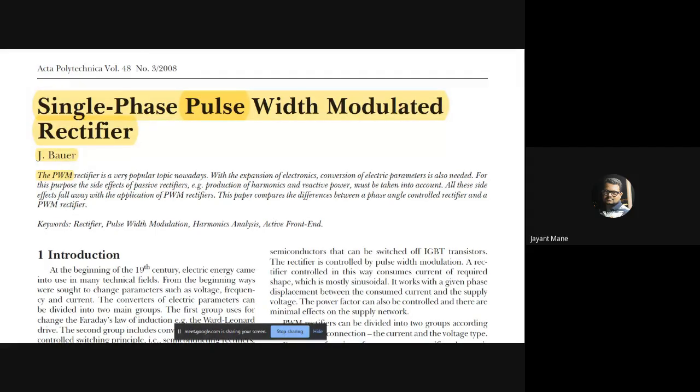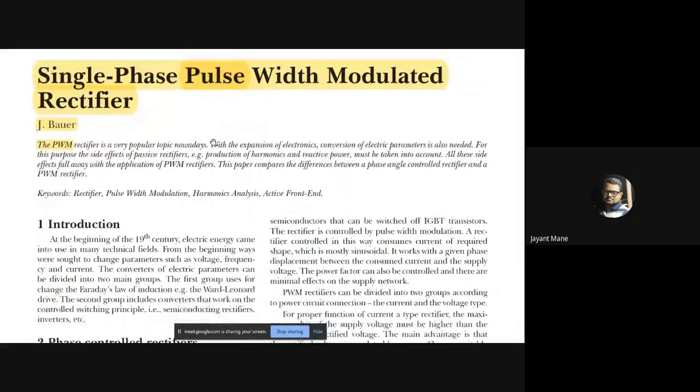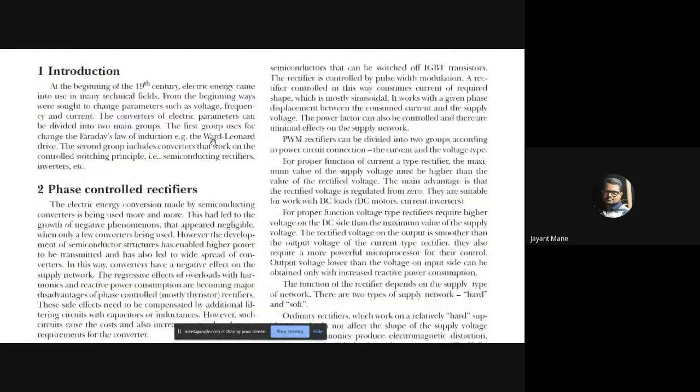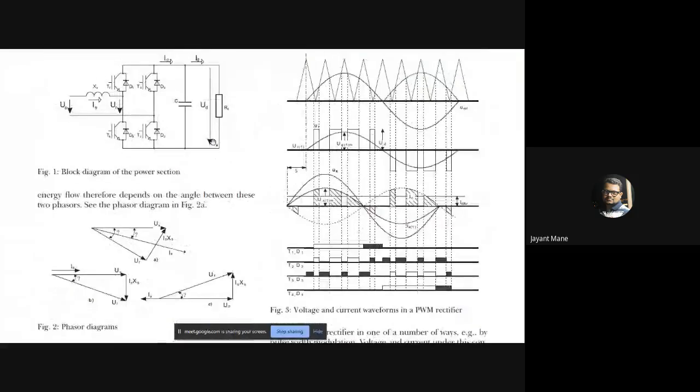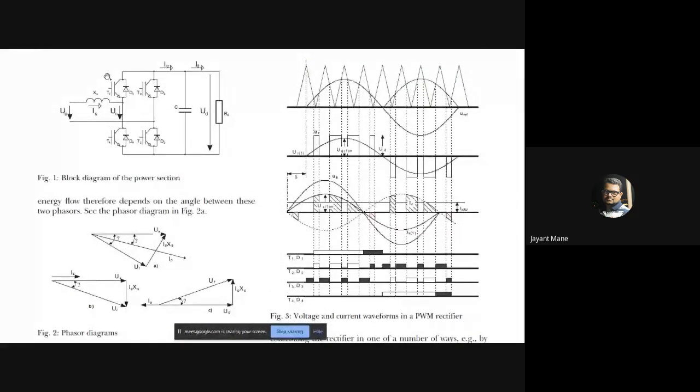Whereas when we build the PWM rectifier, it has to be built with fully controlled devices. And the fully controlled devices are like this, the IGBTs. So IGBTs cannot be triggered by a pulse. They need some square-like signals.